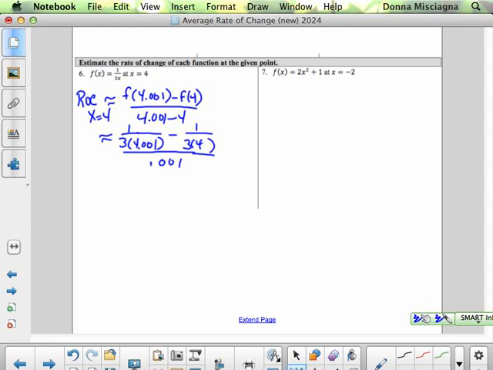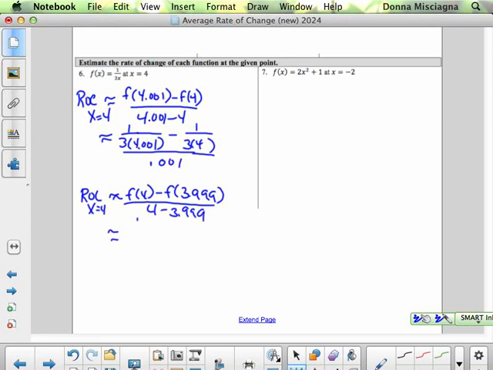All right, so let's go the other direction. So this time it'll be f of 4 minus f of 3.999 divided by 4 minus 3.999.